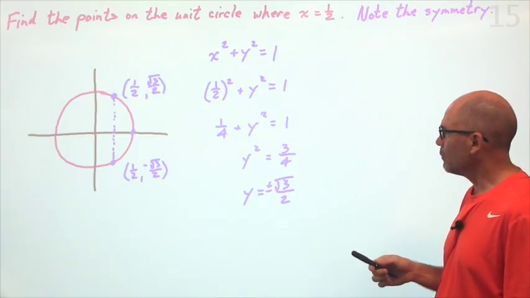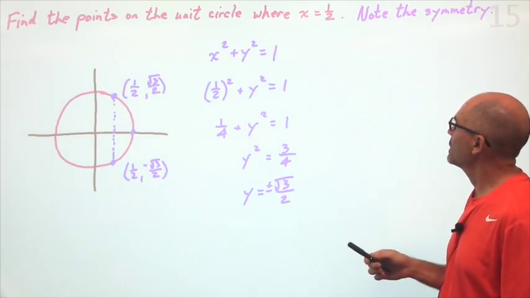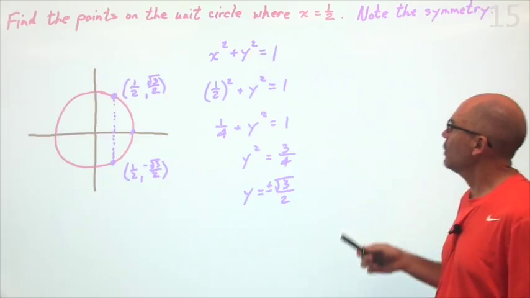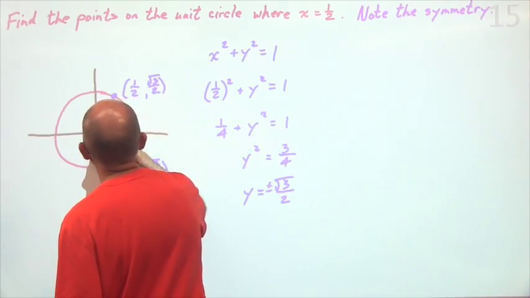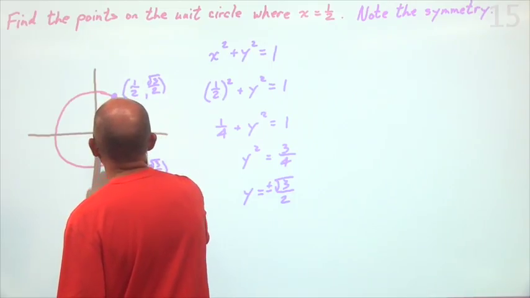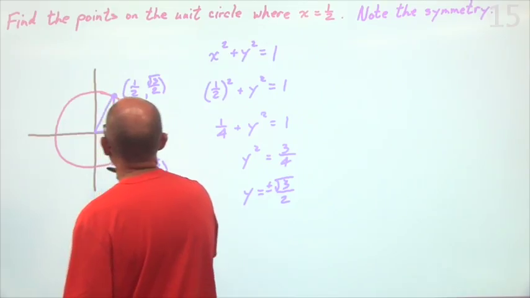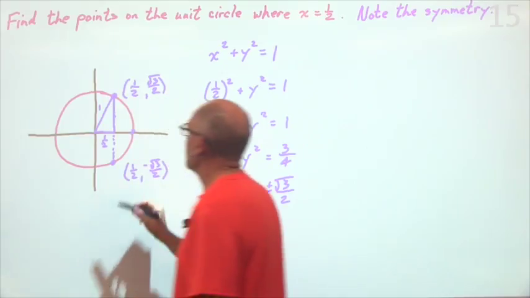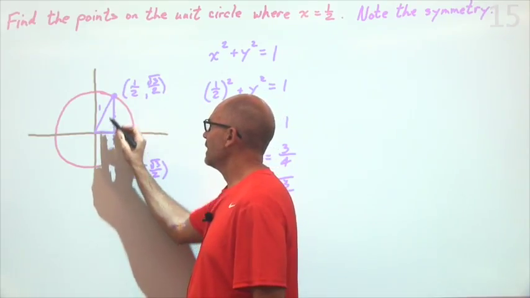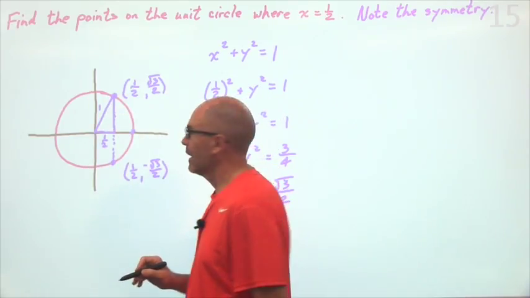Now, one other thing I want to point out is when they gave you x equals 1/2, they basically gave you a 30, 60, 90 right triangle. Because here's 1/2, and the radius is 1. So notice my short side is half the long side.